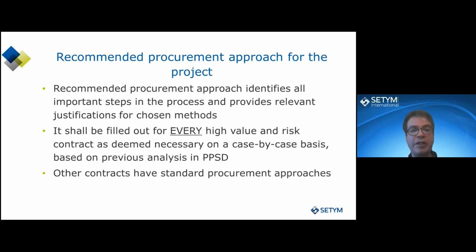So what you do here is you use the novel techniques and approach developed by the World Bank in the new procurement framework, things that did not exist before. And for every high value and risk contract deemed necessary on a case-by-case basis, you will develop a custom strategy for each of these contracts, all of this linked to the procurement risk identified.